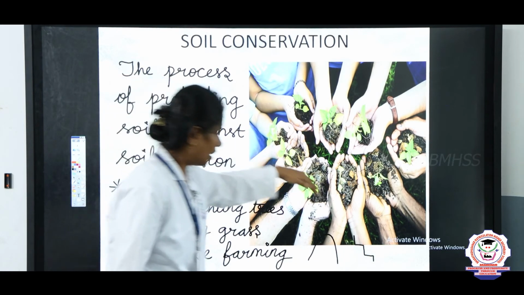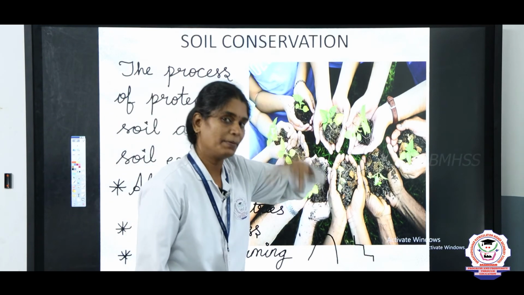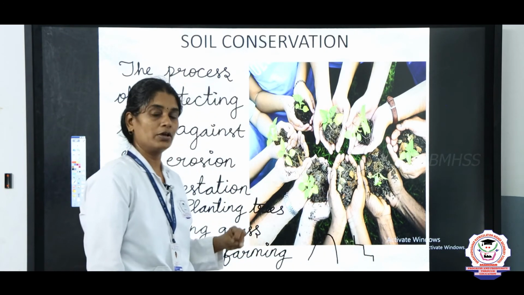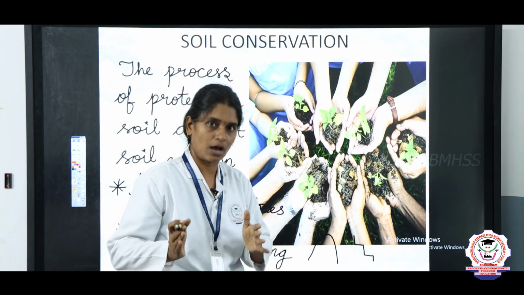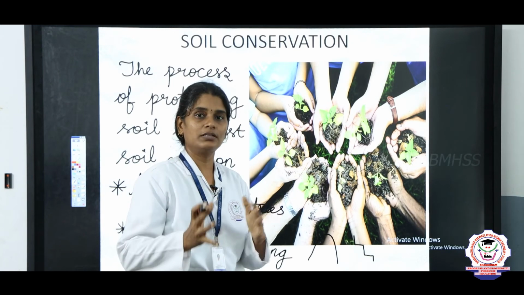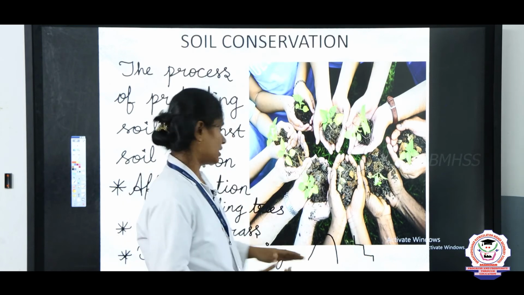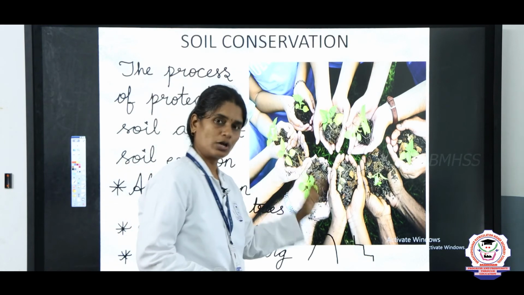Once you do terrace farming, the flow of water can be slowed, and thereby we can prevent the soil erosion, because as the running water speed slows down, the soil is not getting carried away in a high quantity. So terrace farming is also a method to prevent soil erosion.